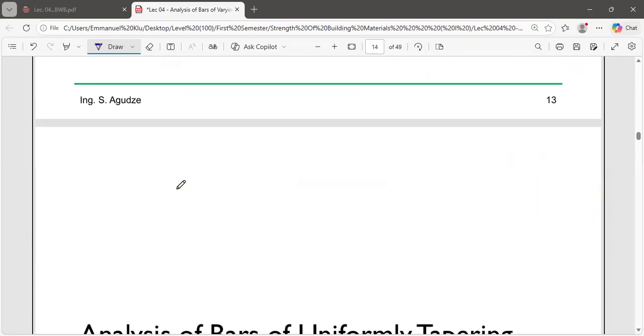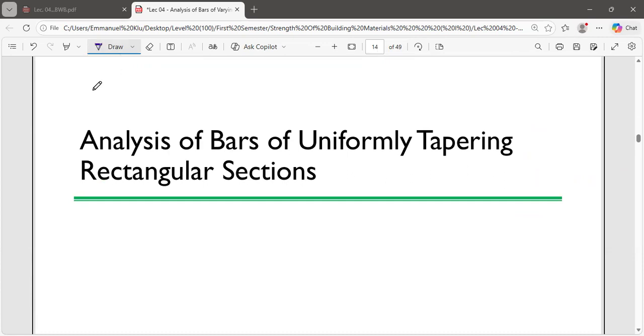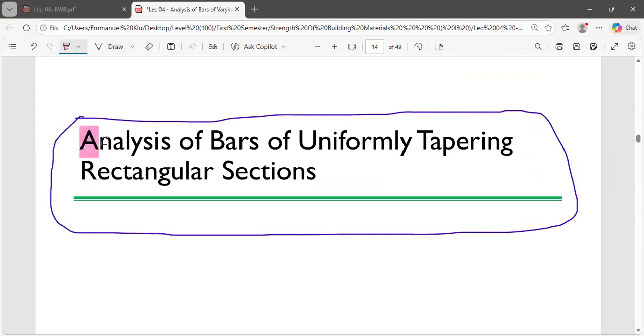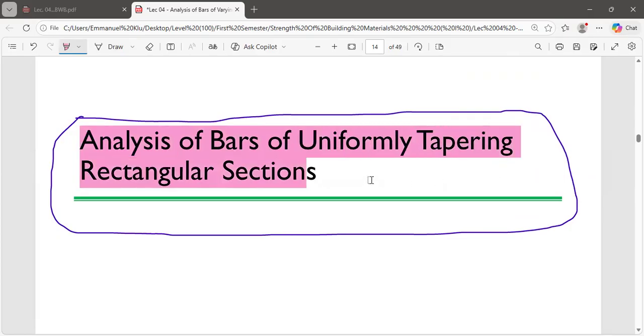Let's proceed. Let's also look at analysis of bars of uniformly tapering rectangular section. So you realize that this is also a different subtopic. We are looking at non-prismatic sections, and we have already looked at analysis of bars of uniformly tapering circular section.